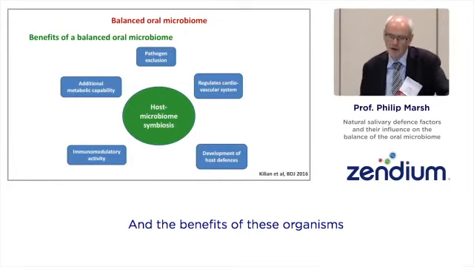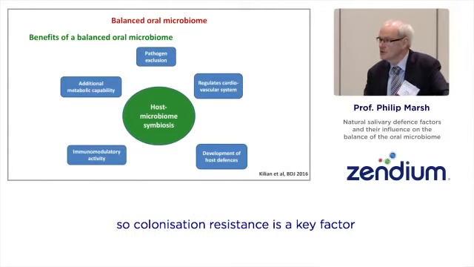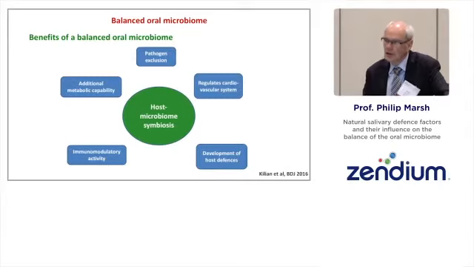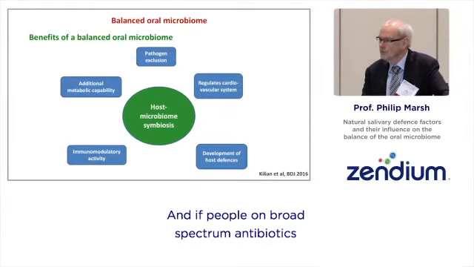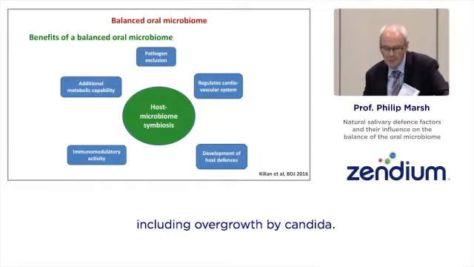The benefits of these organisms are initially the exclusion of pathogens. Colonization resistance is a key factor of our natural microbiota. And if people are on broad-spectrum antibiotics, then you can get all sorts of problems, including overgrowth by Candida.